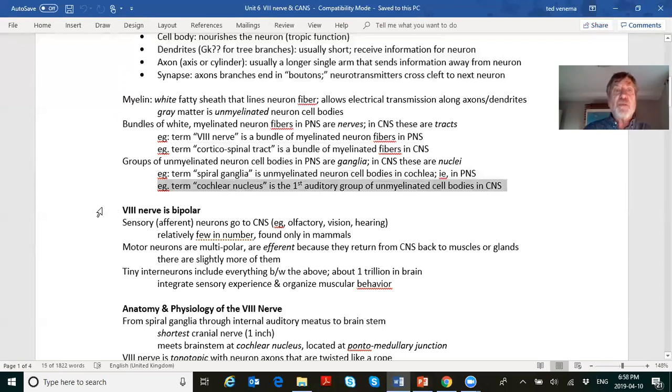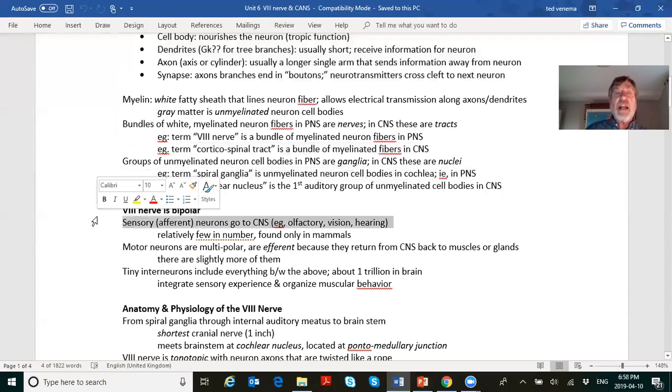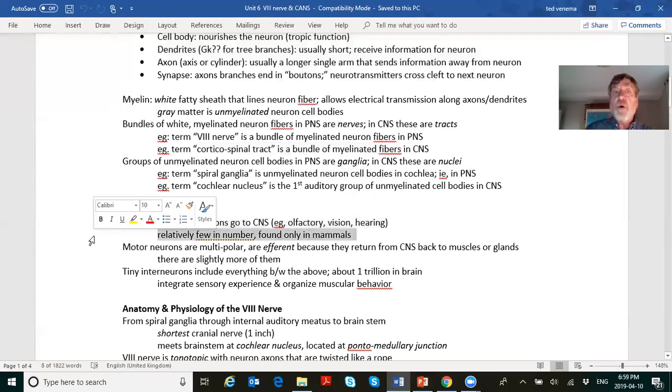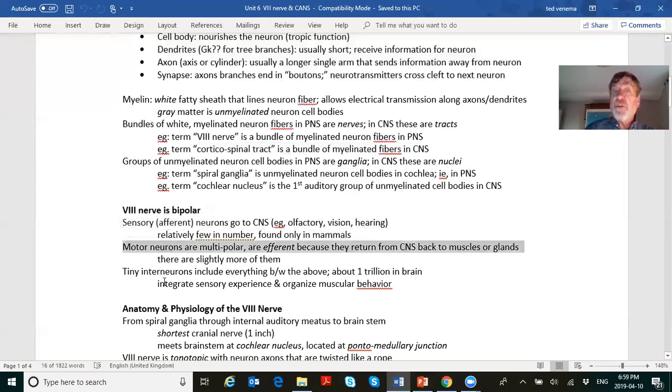The eighth nerve is bipolar. Sensory afferent neurons go to the central nervous system. Smell, vision, hearing. They are relatively few in number, found only in mammals. Motor neurons are multipolar. They are efferent because they return from the central nervous system back out to muscles or glands.